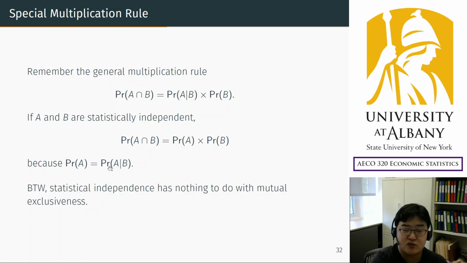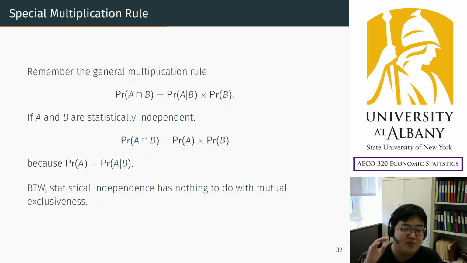Remember, go back to chapter 1 and see the condition for the special addition rule. At that time, we needed to assume mutual exclusiveness. But here, the same role is played by statistical independence. You need the statistical independence condition to have a special, simple multiplication rule like the special addition rule. So these two rules have a parallel structure.